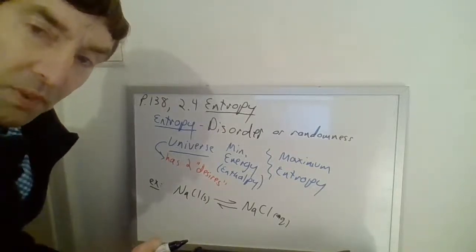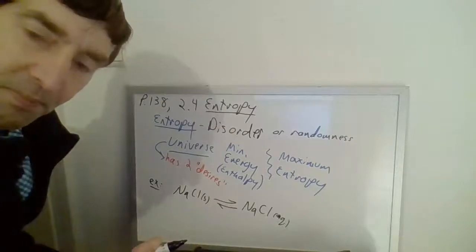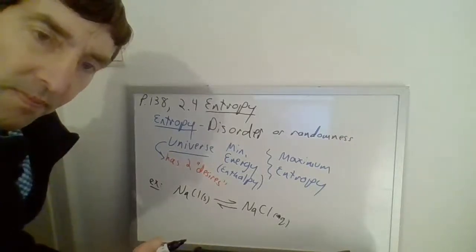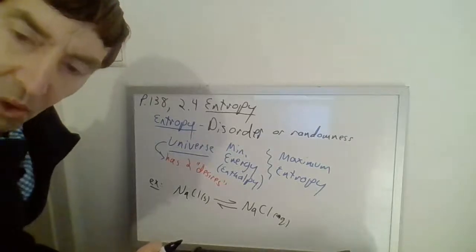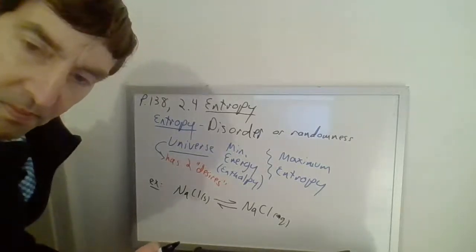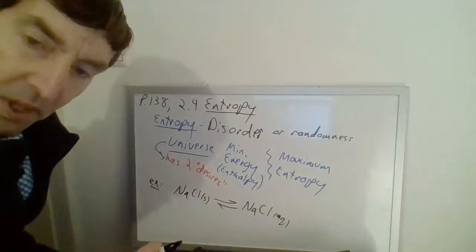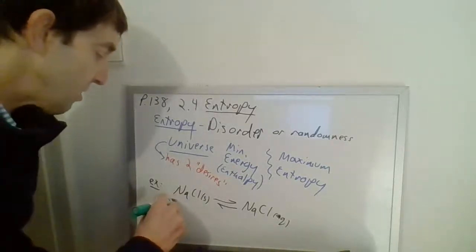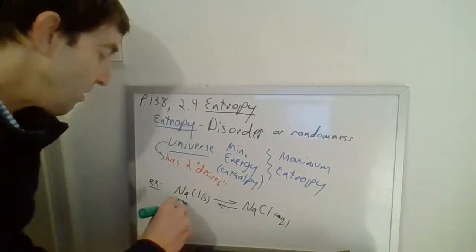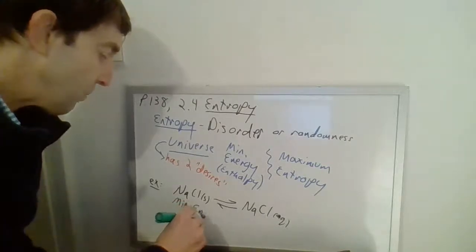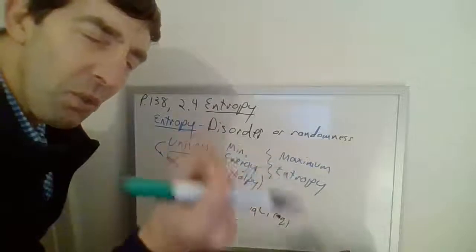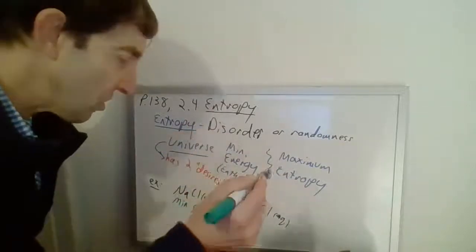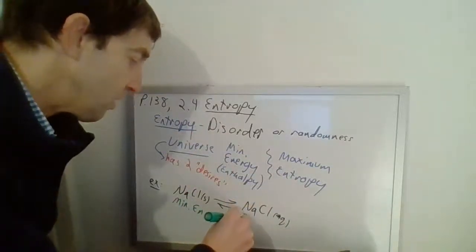Where are particles moving the least? Solid or aqueous? The reactant or solid side, right? So this is minimum energy. If we can close our eyes, now imagine the little salt ions cruising around, mixing with the water. So that's definitely maximum energy.